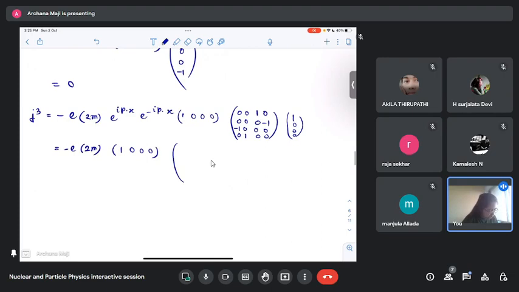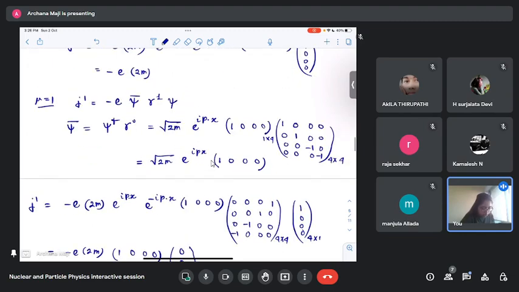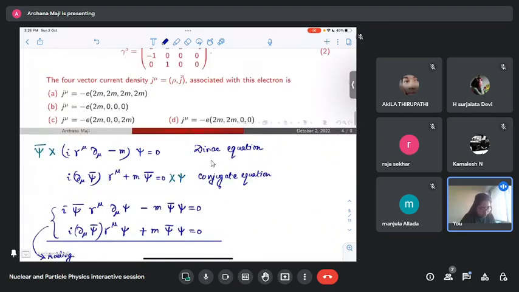The multiplication of the last two matrices gives us 0 0, the third element will be non-zero now, 0, so this will again give us 0. So that means the answer will be option B.